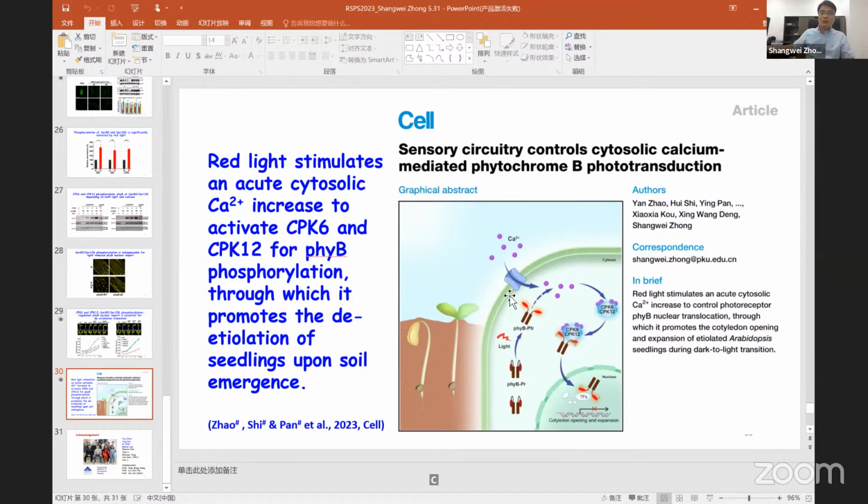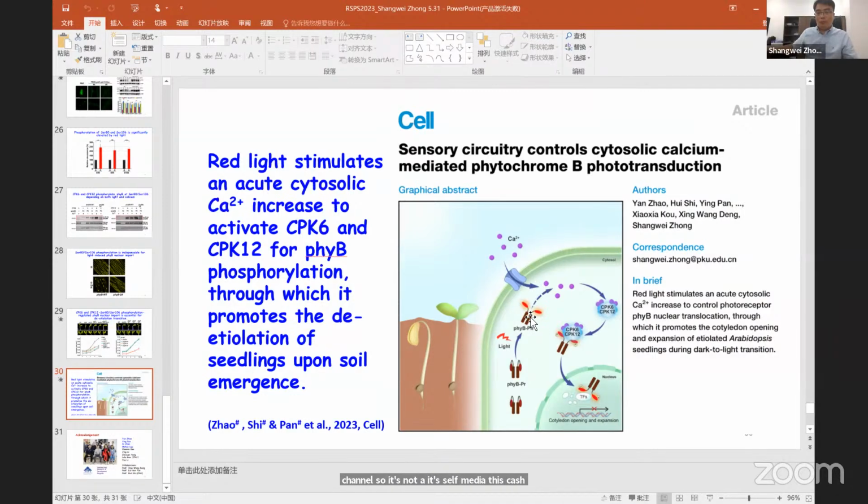That's a very good question. We found that this red light-induced calcium increase is dependent on phyB, because with the phyB mutation, red light cannot stimulate this calcium increase. But phytochrome B is not a channel itself, so it does not itself mediate this calcium increase.